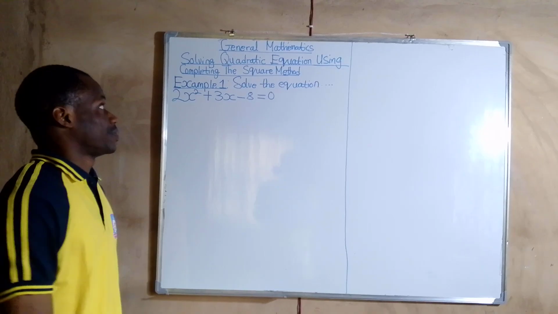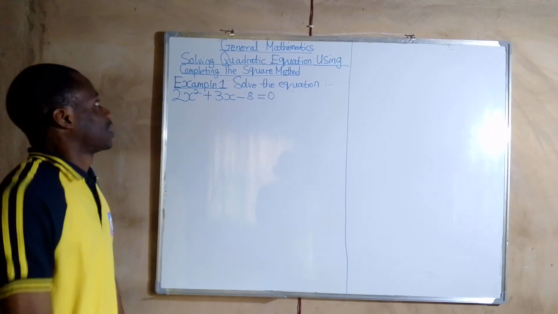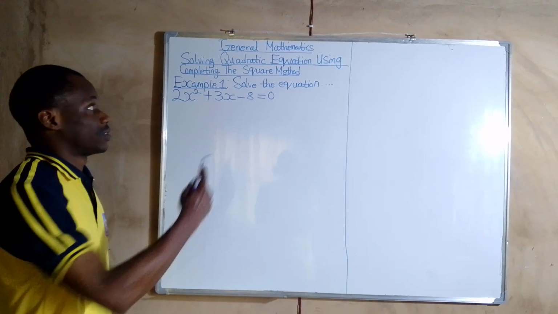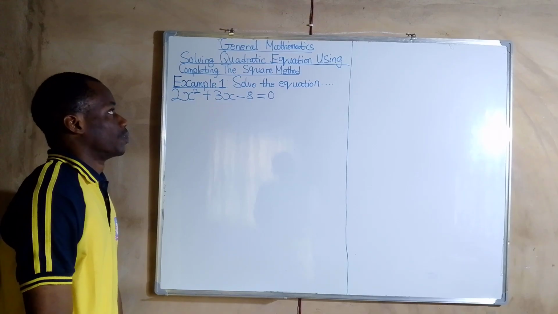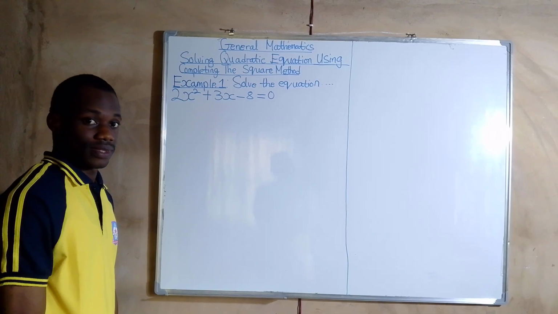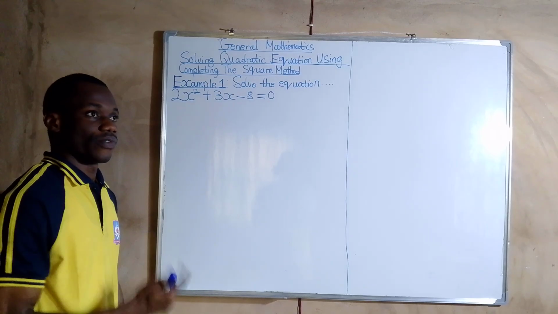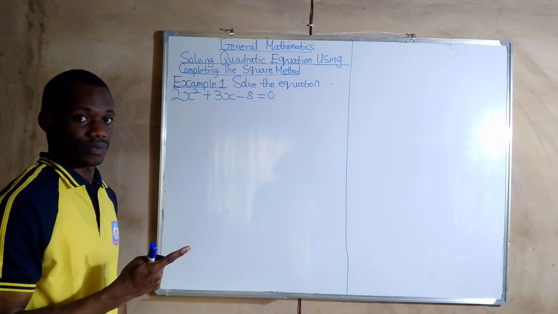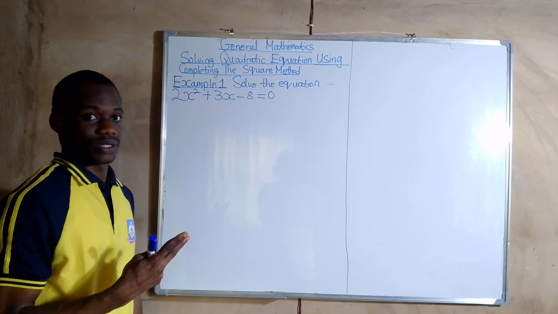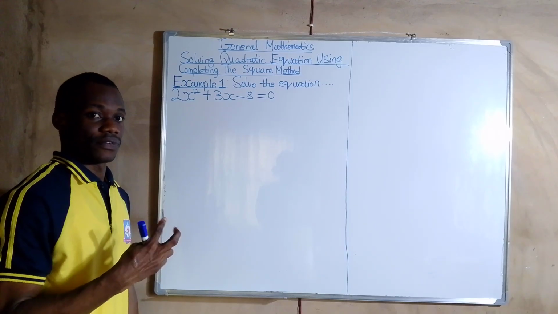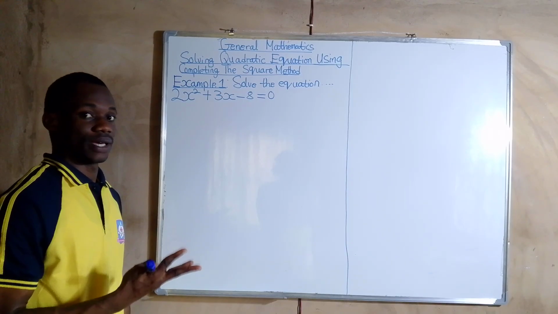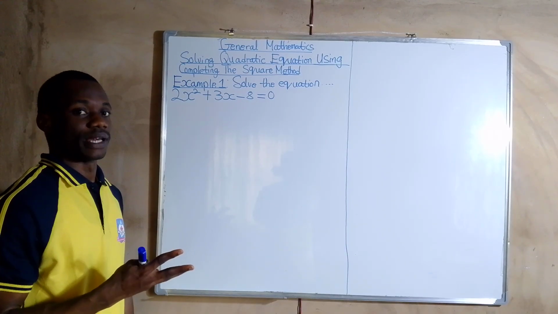Today we'll be taking general mathematics and we're on the topic quadratic equation. Quadratic equation involves about 4 methods of solving. We have first of all the factorization method, we have completing the square method, we have the formula method, also known as the almighty formula.